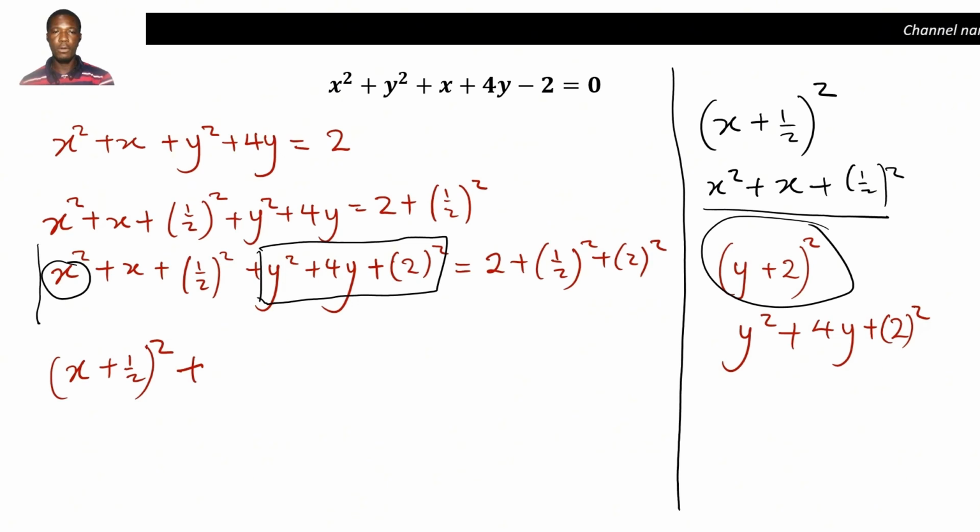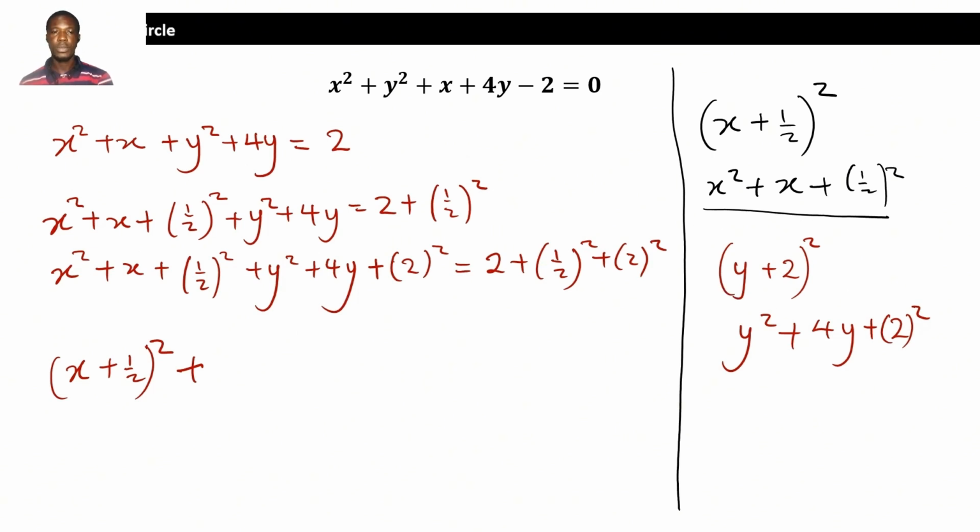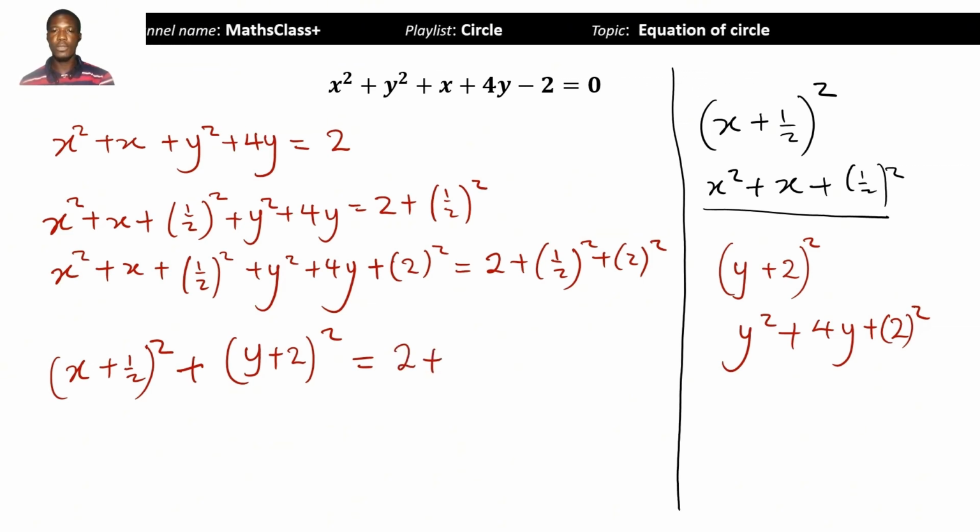Okay, I hope you are following. You can always replay the video to look at it again. So I'm now expressing the y in terms of y plus 2 squared, and this is equal to 2 plus 1 over 2 squared, which will be 1 over 4, and then 2 squared here will also be 4.